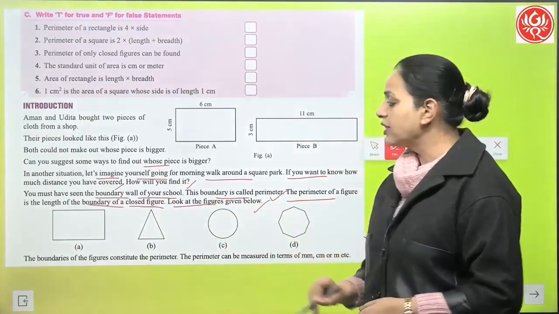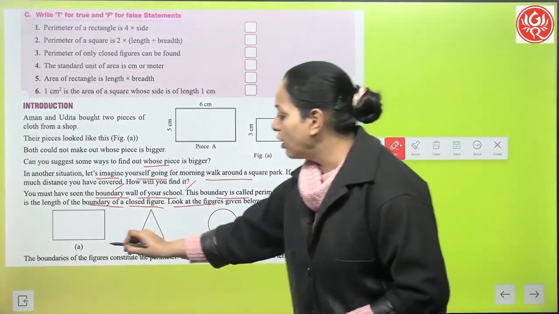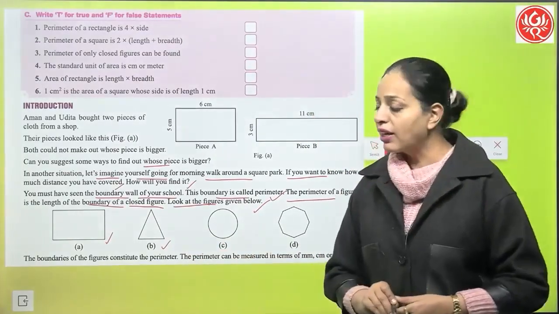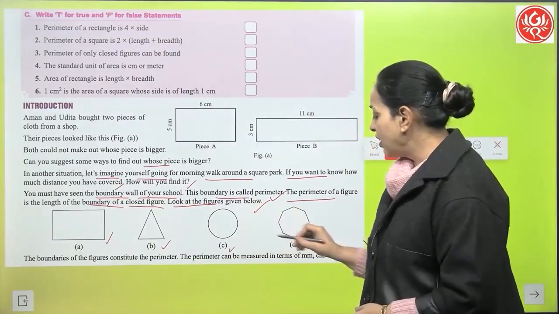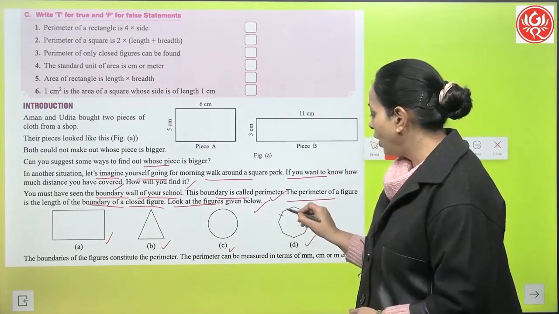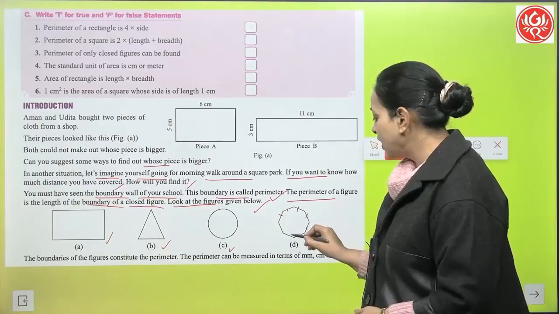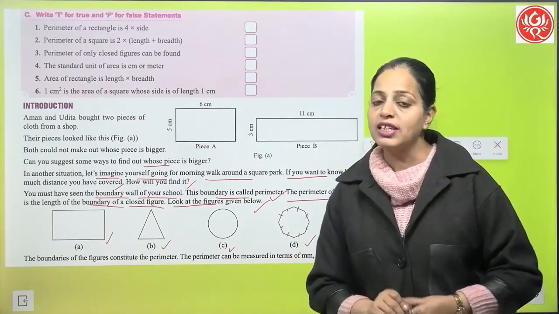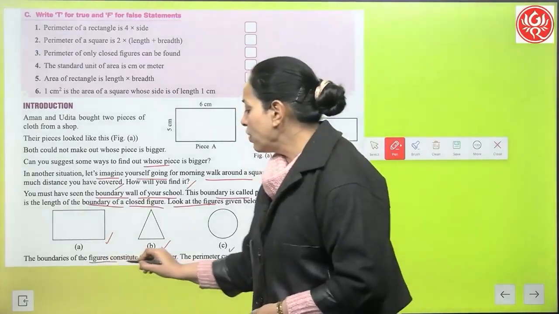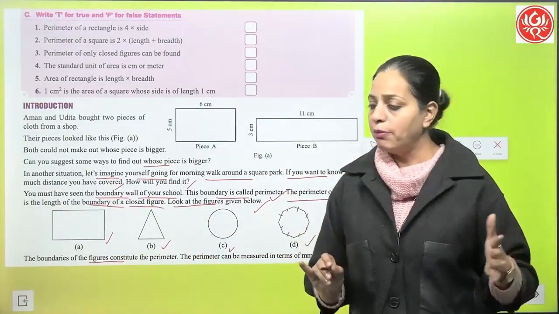Look at the figures given below. Here A part, this is a rectangle, this is B, a triangle, C, a circle, and D, this is a polygon. How many sides? 1, 2, 3, 4, 5, 6, 7, 8. So this is an octagon. Okay. Now, the boundaries of the figures constitute the perimeter.